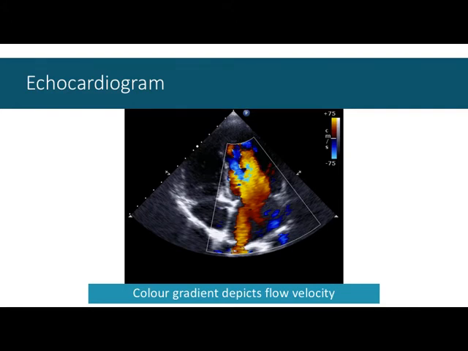So any of the red, orange, yellow colors are flow towards the device. Any of the blue, light blue, white colors are flow away from the device. So you can see as flow pumps from the atria into the ventricles, there's flow towards and away, this turbulent flow and filling of the ventricles. And that can be used to approximate ejection fraction and stroke volume as well.